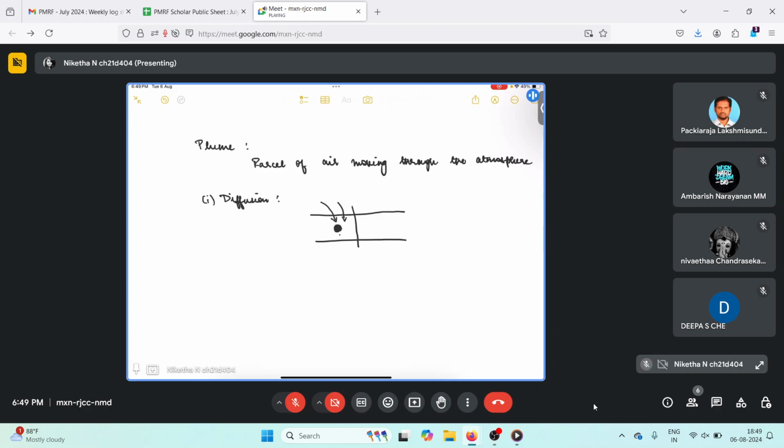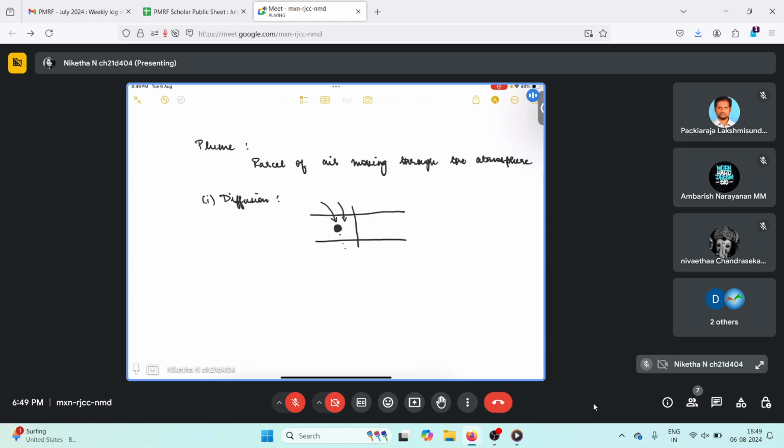Now, if I take the concentration of a point right next to this circle, what is going to be the concentration of the pollutant there? So the concentration of the pollutant will be slightly lesser as we move away from the circle.